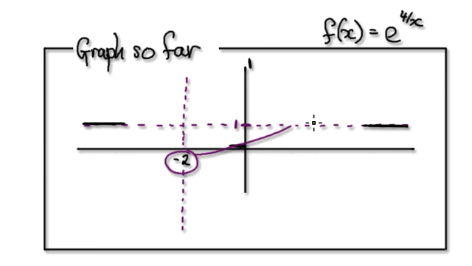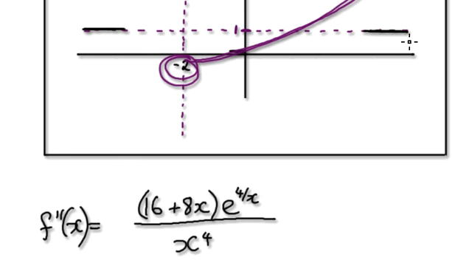So now put minus 2 into the original function here, and that will give us the inflection point. Put this into here, and then that will give you this point here.